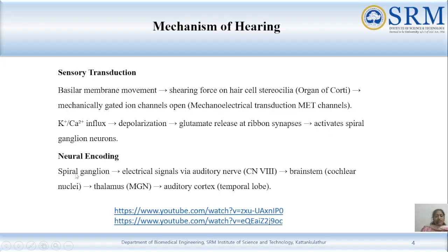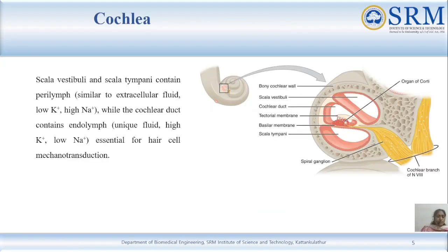So finally, the spiral ganglions will transmit the electrical signal via the auditory nerve CN8, and this will be transmitted through the brainstem, which is the cochlear nuclei, and then forward to the thalamus or the MGN, and from there it is transmitted to the auditory cortex in the temporal lobe. So this is the entire mechanism of hearing.